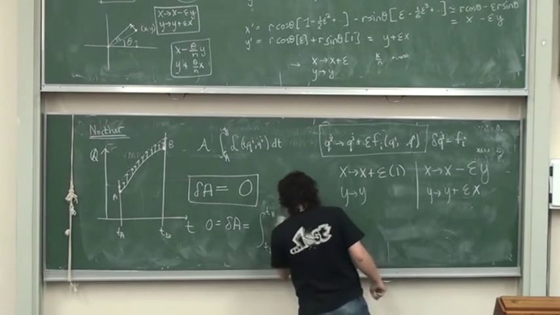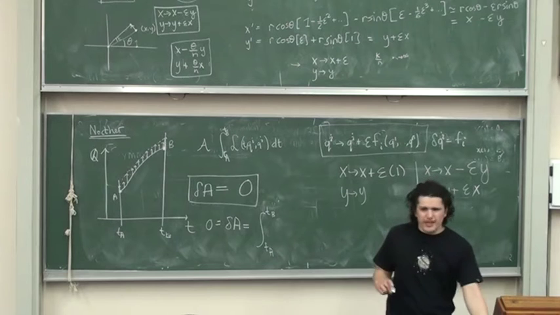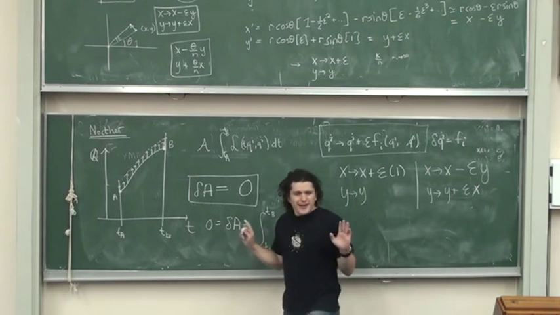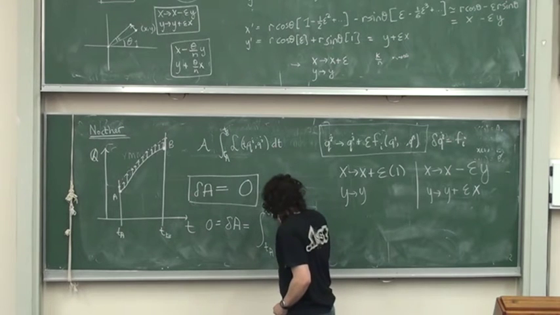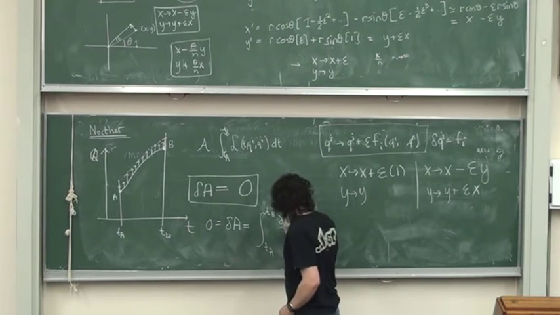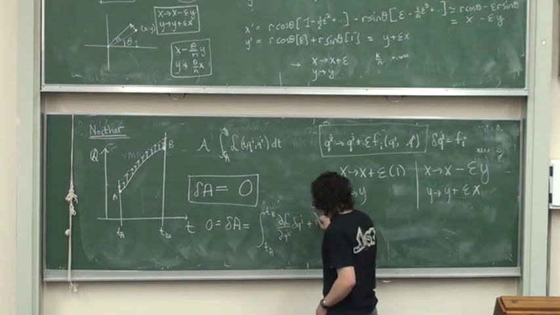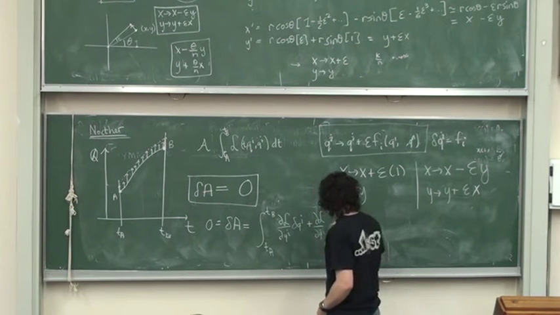It's implicit, it's assumed, so you know it's there, but it's distracting. So we get the integral of ∂L/∂qi times delta qi plus ∂L/∂qi-dot times delta qi-dot.